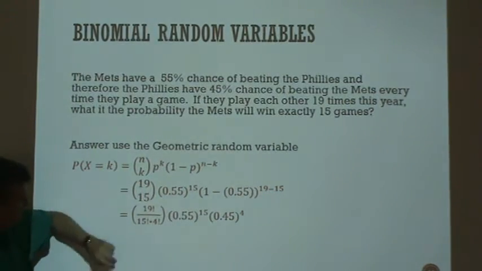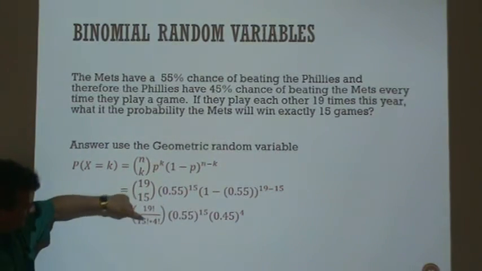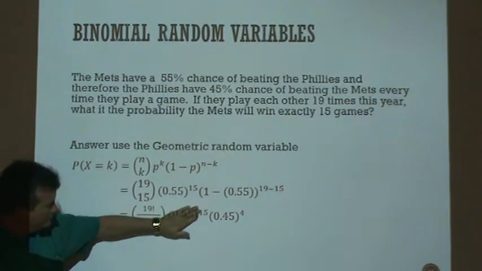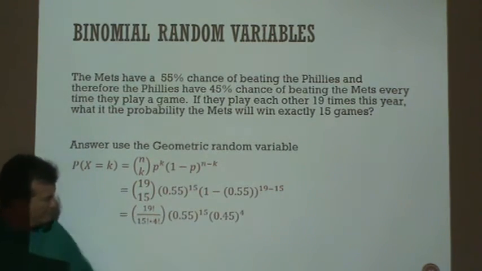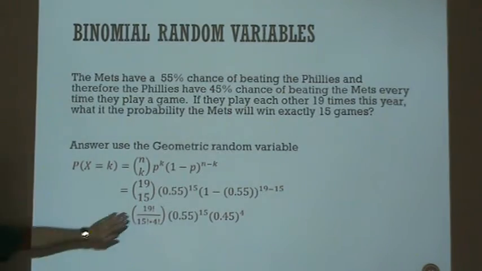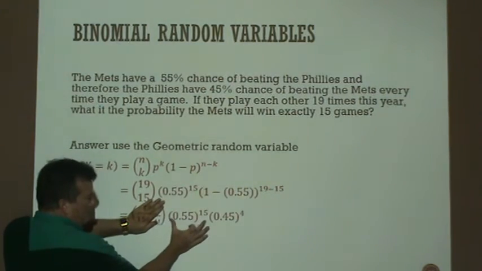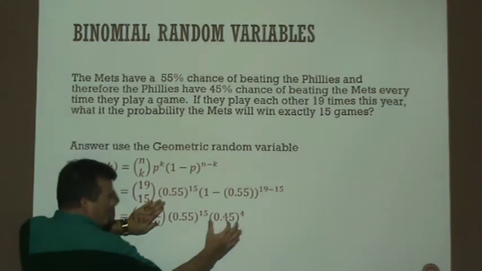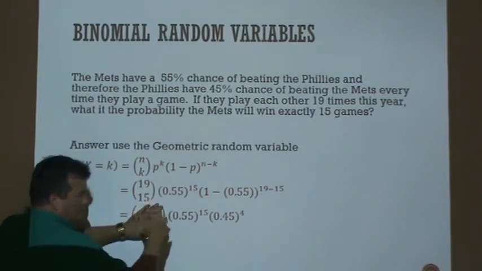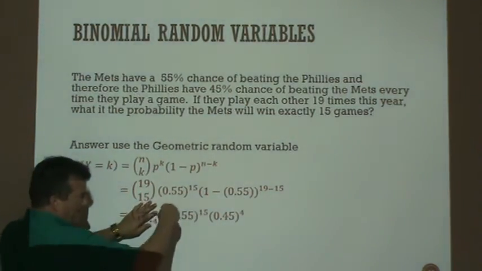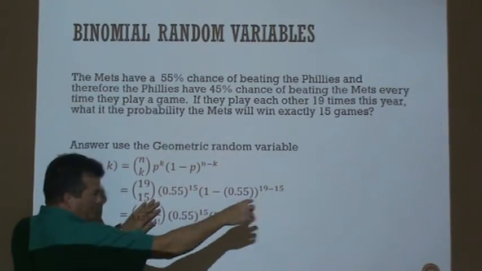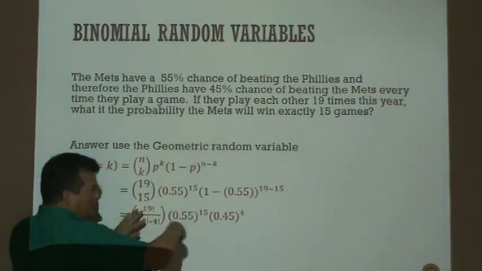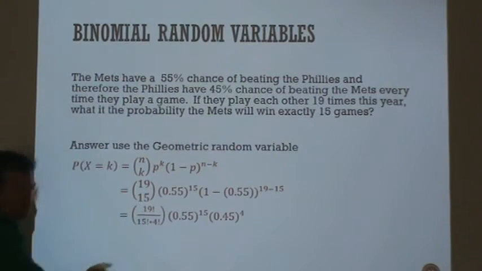And so it's 55% raised to the 15 and 45% raised to the 4. So again, this would be the probability of having the Mets win the first 15 and the Phillies win the last 4. And then, let's say you wrote out a string of 19 letters, M 15 times and P 4 times. Then how many different unique permutations are there?